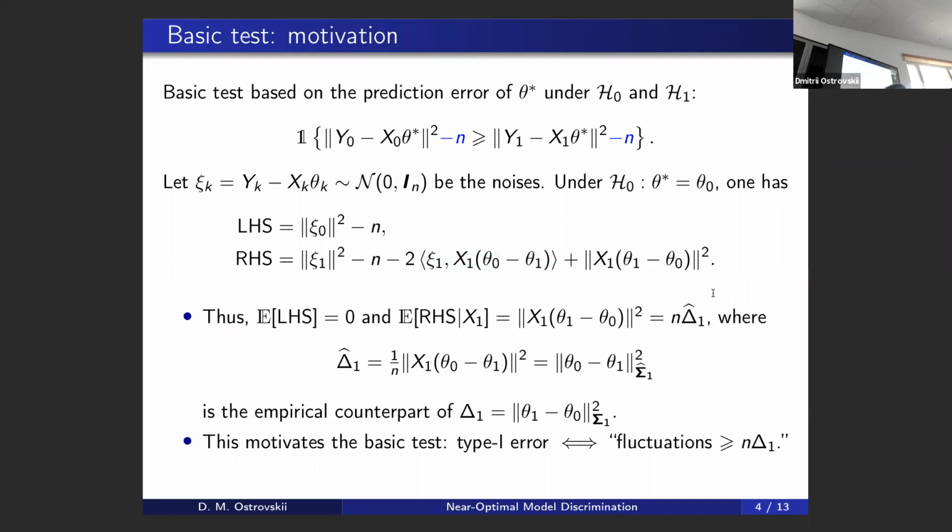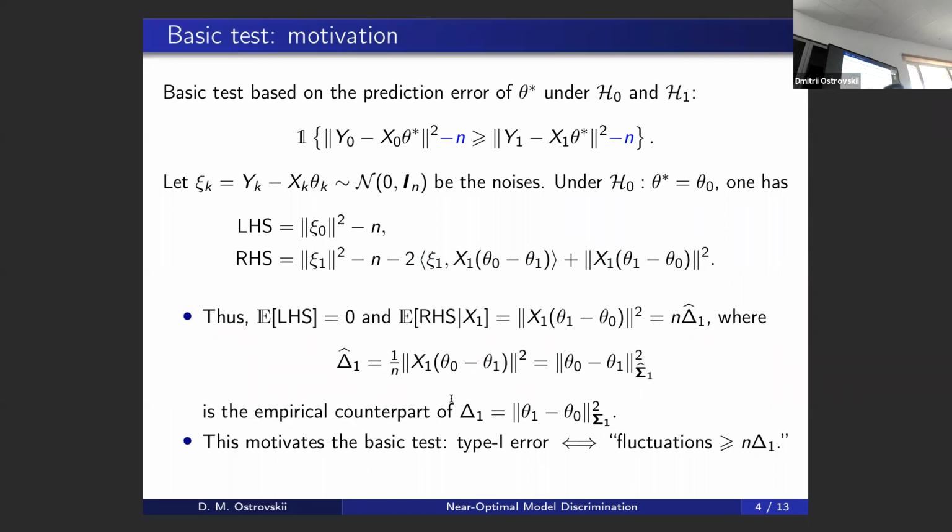And the right-hand side is going to fluctuate around n delta 1 hat. This is because, if you remember, this delta 1 hat had 1 over n ahead of it, and here there is no 1 over n. Great, so I just rewrote delta 1 hat.